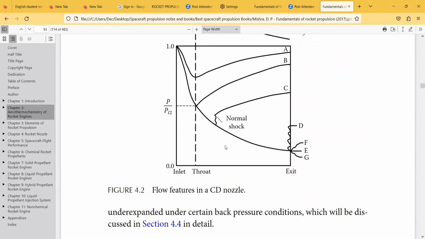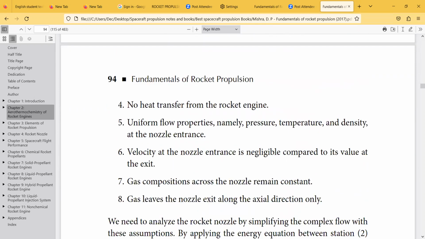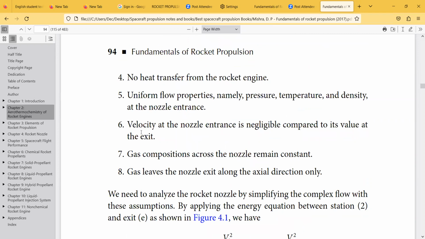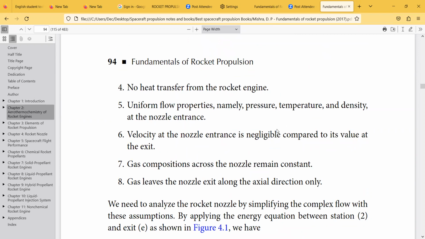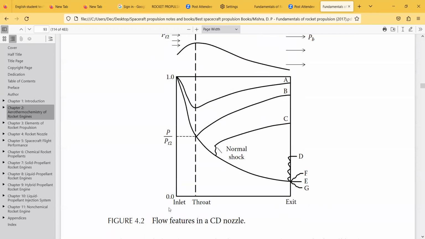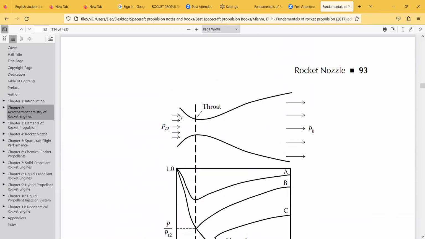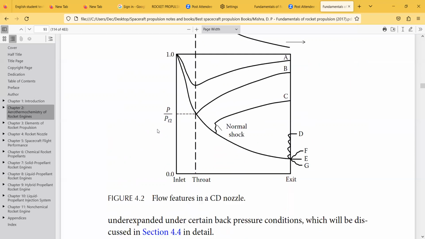So this is called the nozzle entrance. Velocity at the nozzle entrance is negligible. What we have discussed here is that the velocity at the nozzle entrance is very small, because although the pressure is high, the velocity is very low. So we consider it negligible.